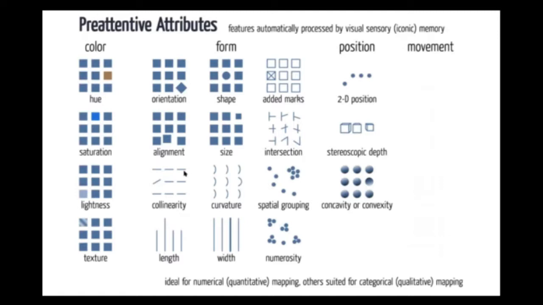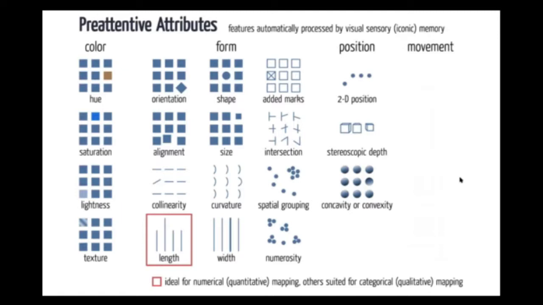So several of these preattentive attributes, these automatic attributes, are ideal for quantitative mapping, and others are good for categorical mapping. In other words, some of them are really great for showing numbers, and others are great for showing categories. The ones that are ideal for numerical or quantitative mapping are length, and you can see there 3 little lines and one is taller than the other.